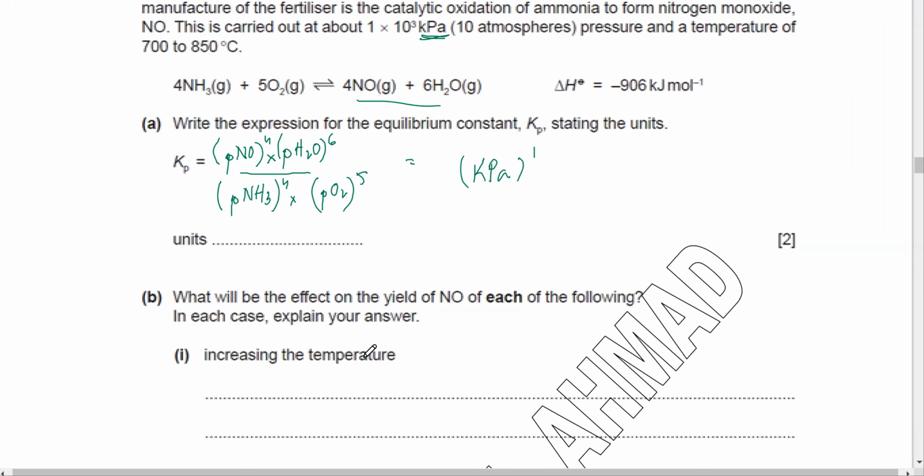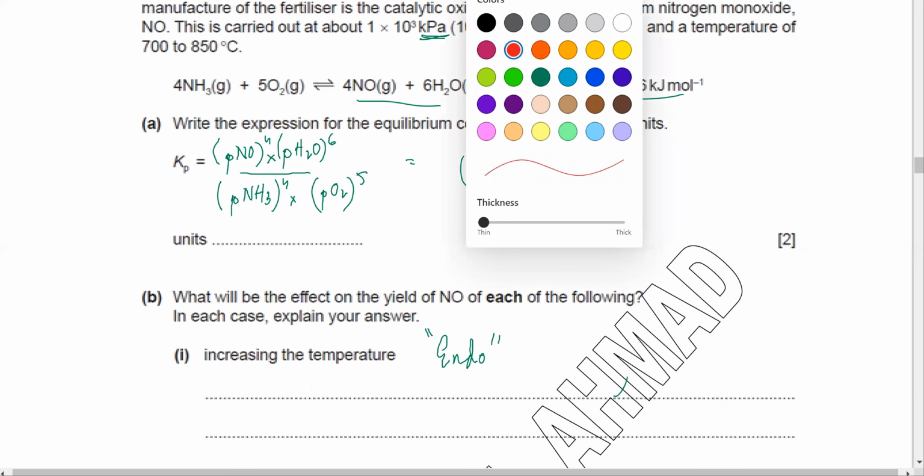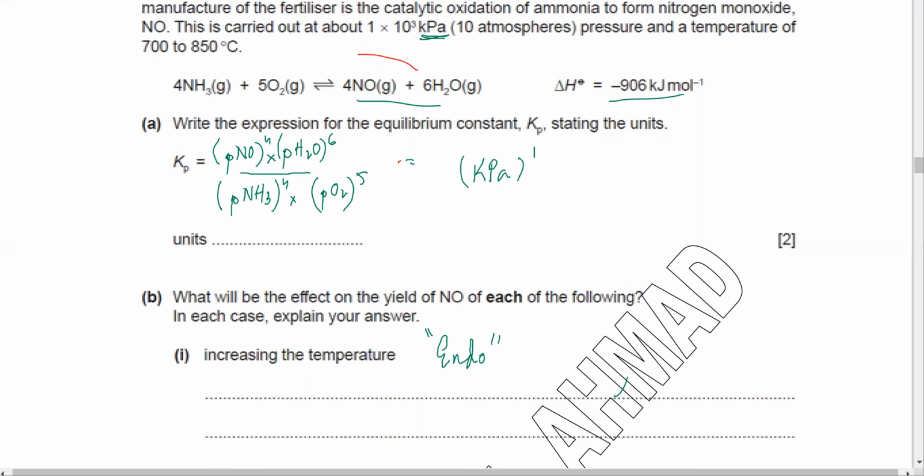This is about Le Chatelier's principle. So let's do that. What's going to happen if you increase temperature? Whenever you increase temperature, what reaction is favored? The endothermic reaction is favored. If you look at the delta H, it's negative. So that means backward is the endo, because the forward is already given as exo.